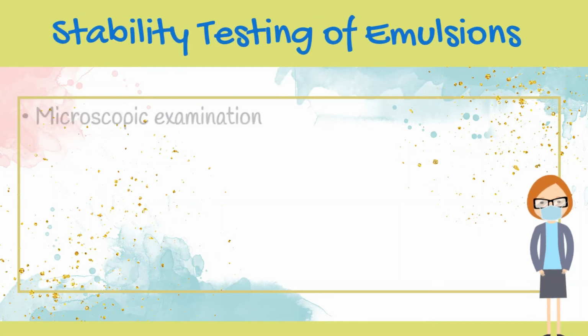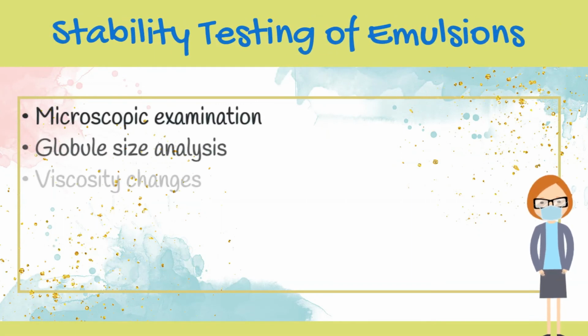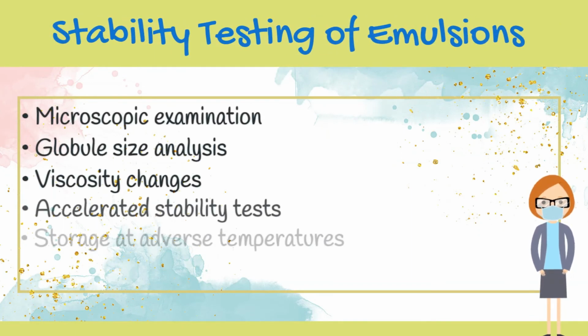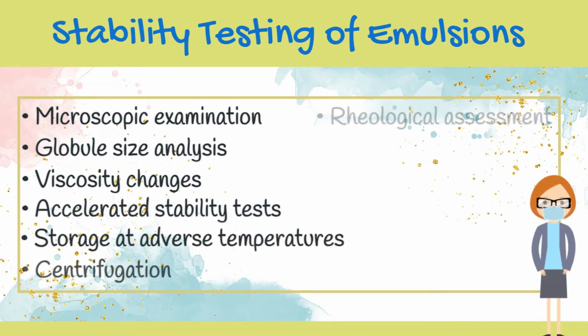Methods of assessing instability include microscopic examination, globule size analysis, viscosity changes, accelerated stability tests, storage at adverse temperatures, centrifugation, and rheological assessment.